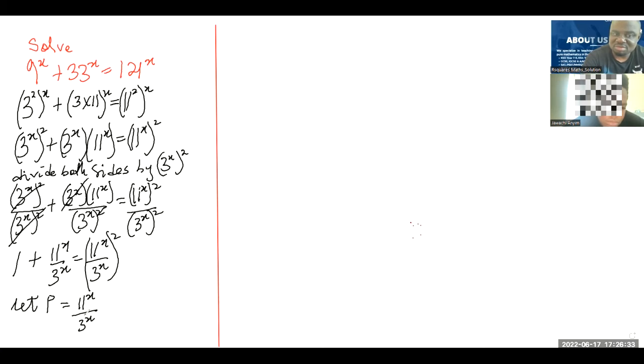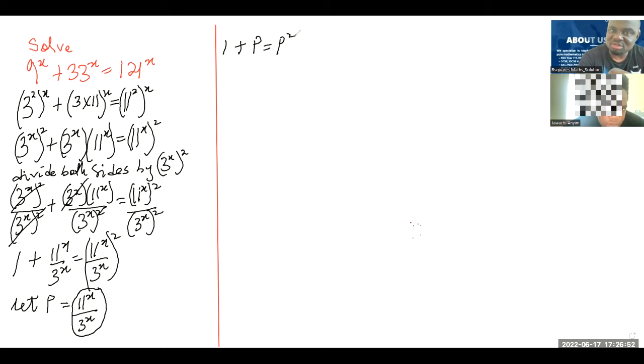So if we substitute for P as 11 to power x over 3 power x, that will be equal to 1 plus P equals P squared.